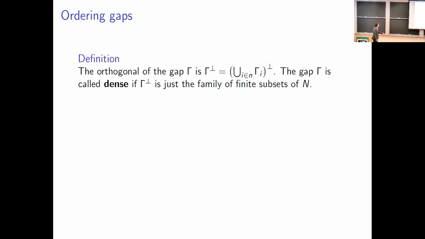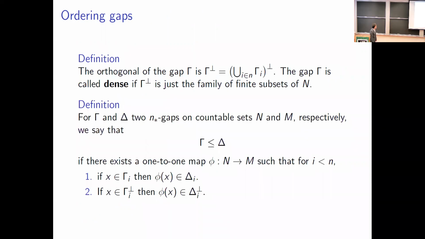Okay. And now we go to the general theory, which was developed in a series of papers with Antonio Avilés. Okay, so if these pieces exhaust the space, we call it dense, as usual. And there's that ordering. We'll have to spend a little bit of time trying to understand this ordering.